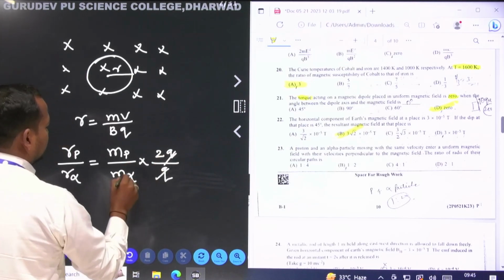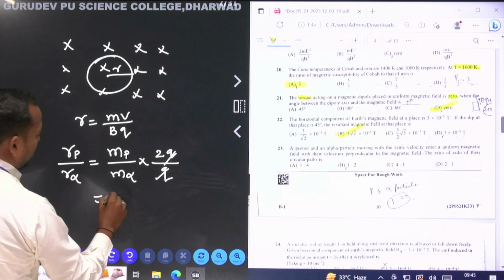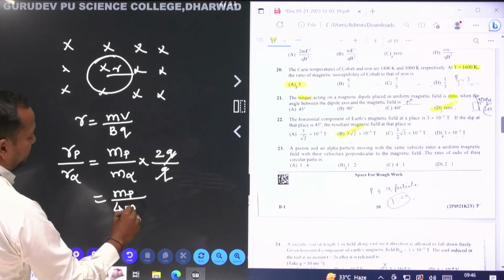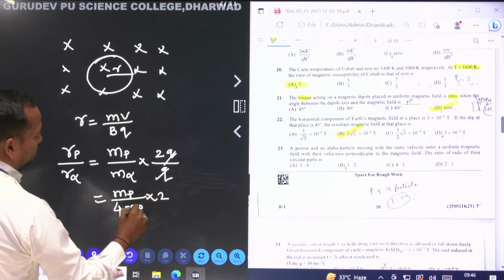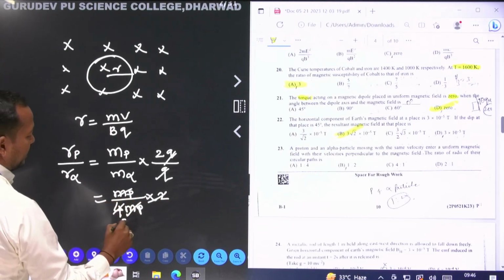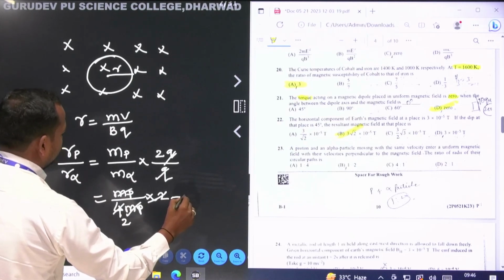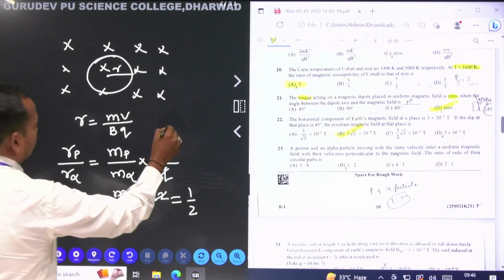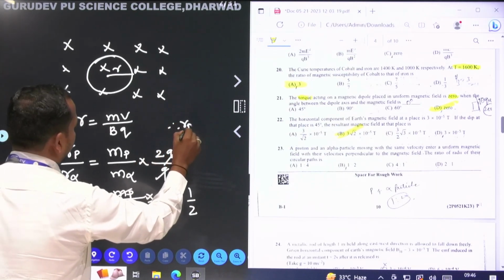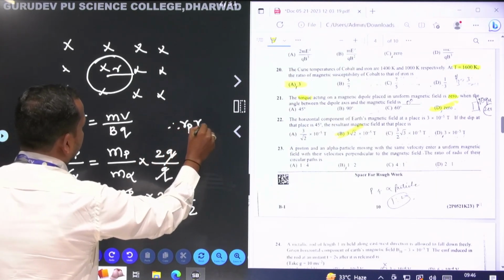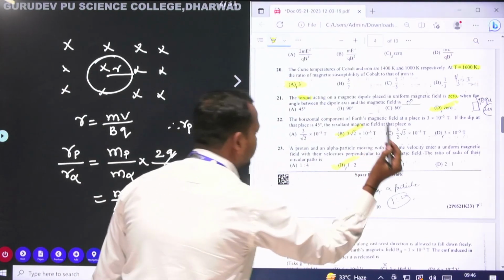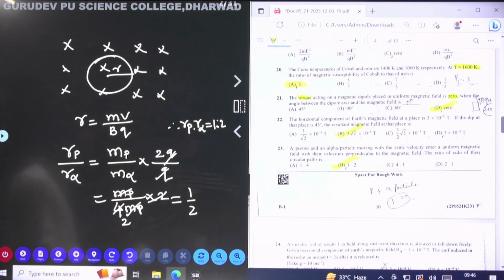So q gets cancelled. The mass of the alpha particle is 4 times the mass of the proton, so mp gets cancelled, and the 2s cancel. The answer is 1/2. Therefore the ratio of rp to r alpha is 1:2. So the answer is the second option, B. Now we will move to the next question, 24.